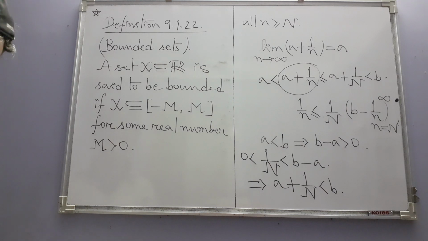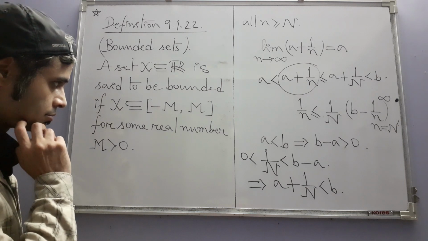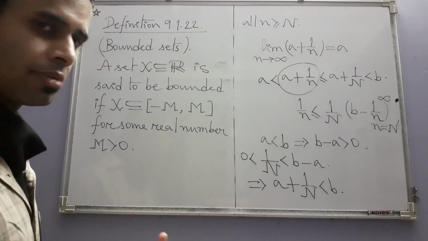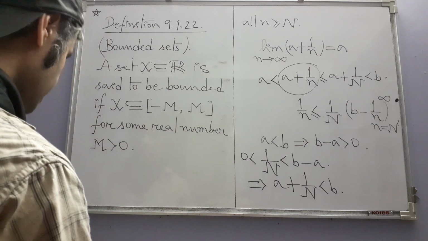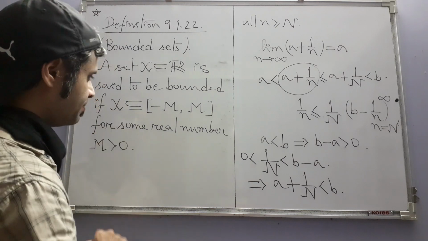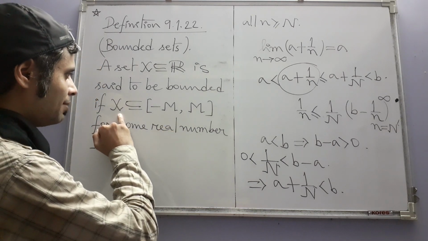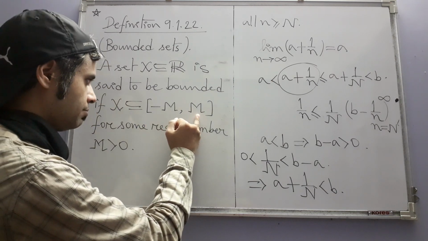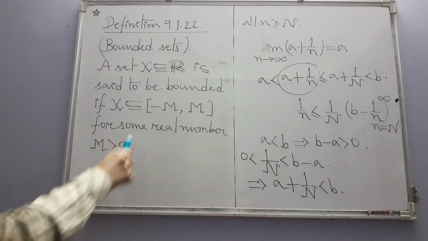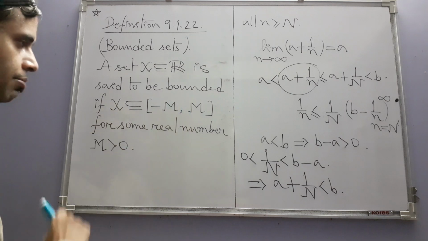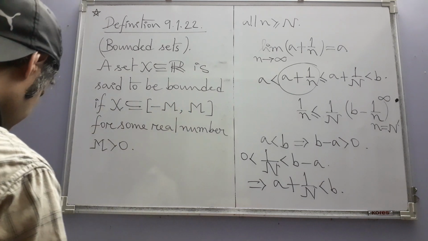A pretty straightforward definition and something that you already know, or you feel like this is what boundedness should be. It is natural, I am saying, because X is being bounded from below by minus m and from above by m. That's why minus m is going to be a lower bound of X, and m is going to be an upper bound of X.